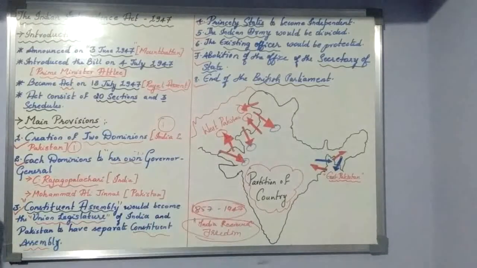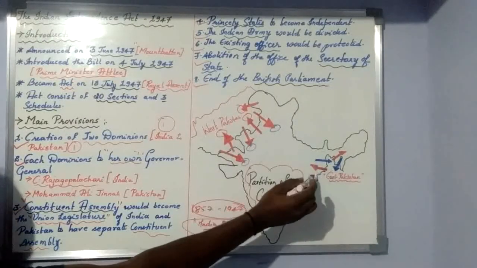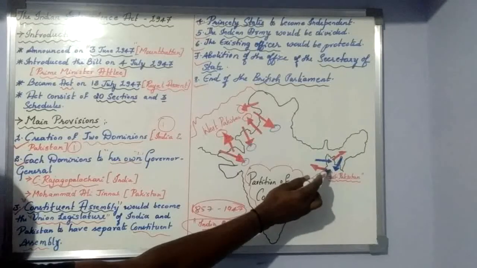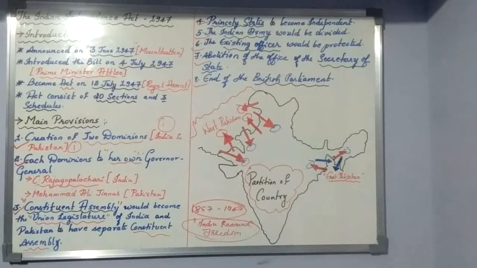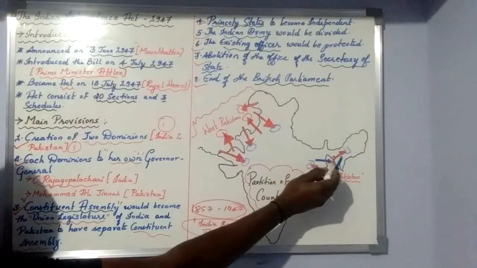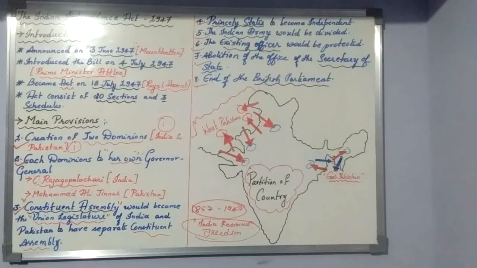On the east side, the people who came here formed and joined India, and the people who did not like it went there and formed East Pakistan. That's how the partition of our country was done, and the remaining people stayed where they were. That's how India and Pakistan were created.